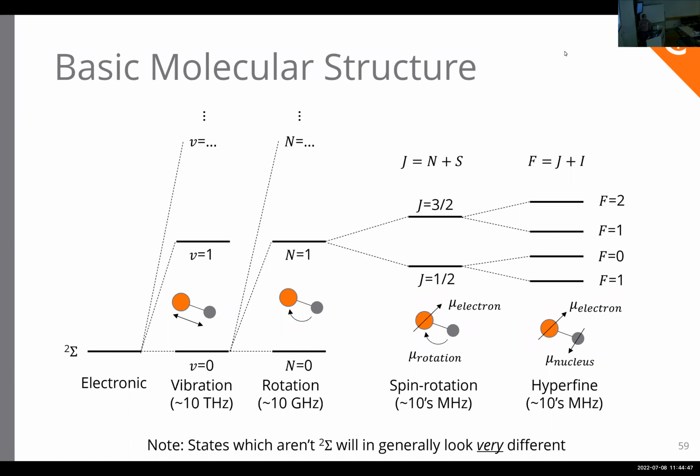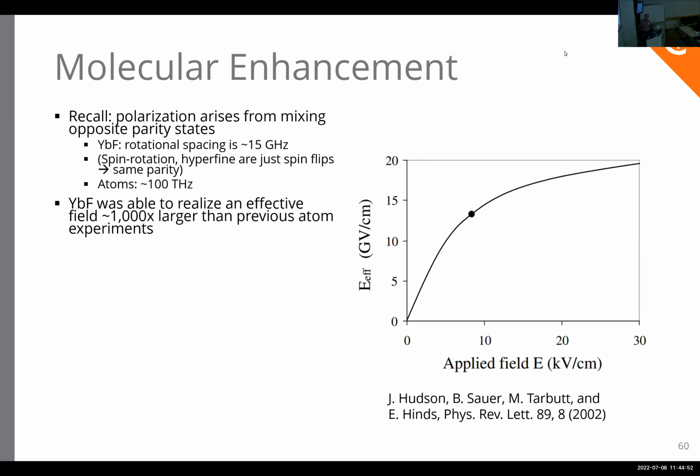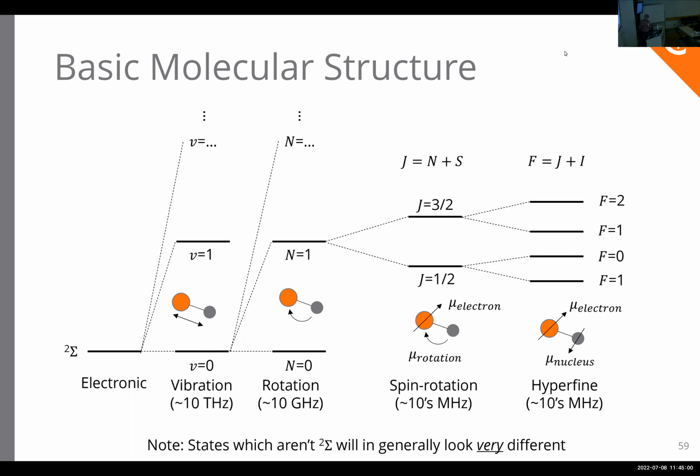But one of the upsides of this, which relates to what we talked about yesterday, is that you get a big enhancement due to close-lying opposite parity states, making molecules more polarizable. You don't have to mix opposite parity electronic states, which are up here. You just have to mix opposite parity rotational states, which are much closer. So you can polarize molecules in much smaller fields.